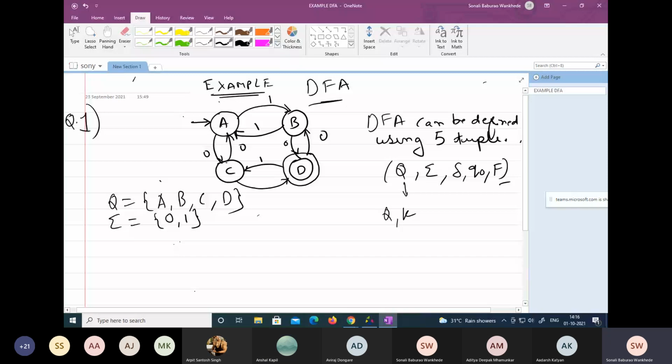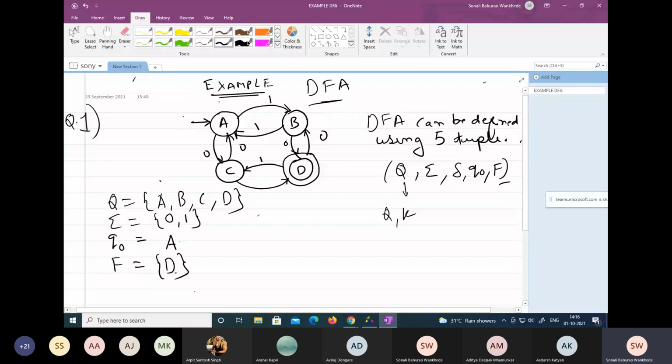My Q naught is the initial state. And what is my initial state? It is A. F is my final state, and my final state is D. It is actually a final set of states, that's why it is shown in the form of a set like this.